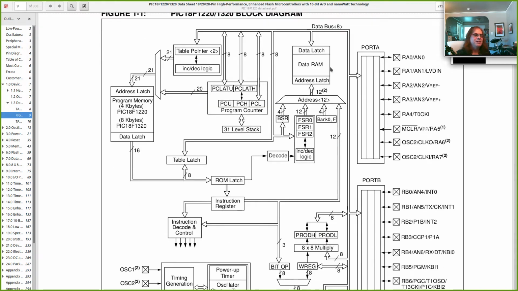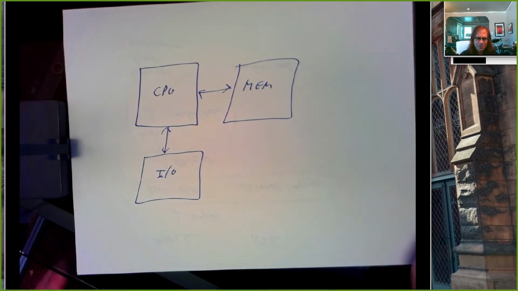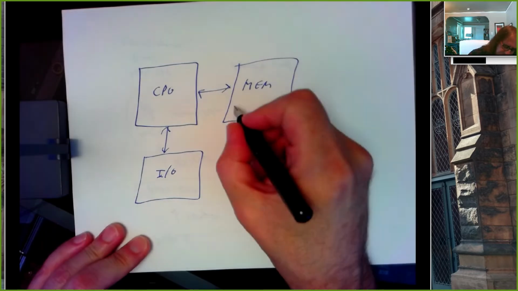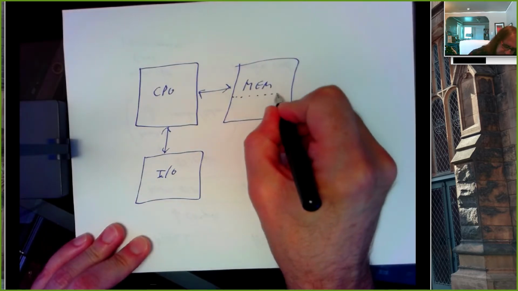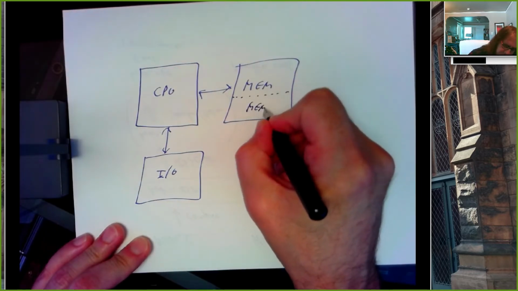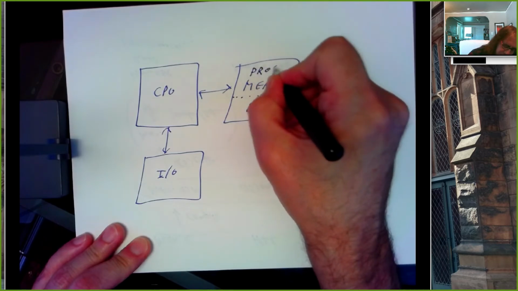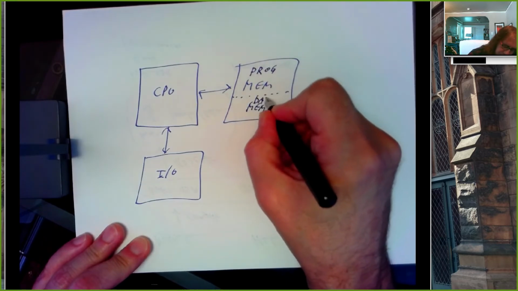And then here's another memory, which is called data RAM, random access memory. This is where the numbers that we want to read and modify and write are stored. So this is an important distinction. There's actually 2 memories in this chip. There's program memory, and then there's data memory.